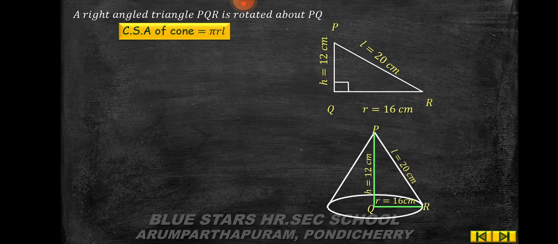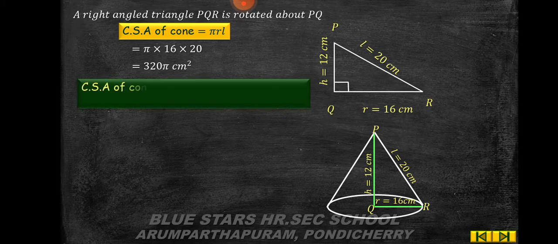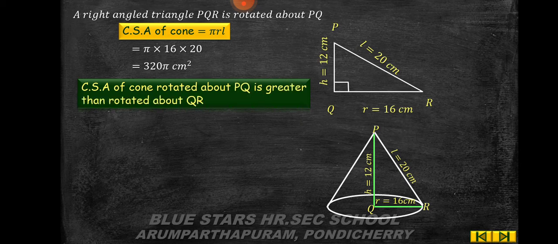So CSA of a cone is equal to pi r L. So pi into 16 into 20, you get 320 pi centimeter square. Therefore, CSA of a cone rotated about PQ is greater than rotated about QR.